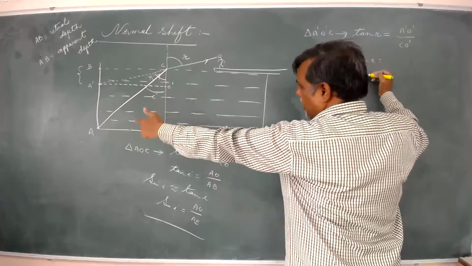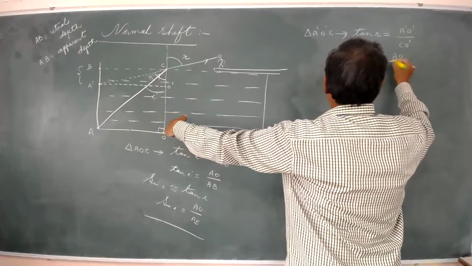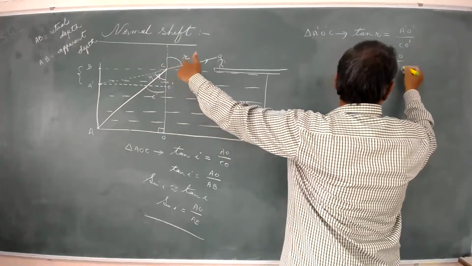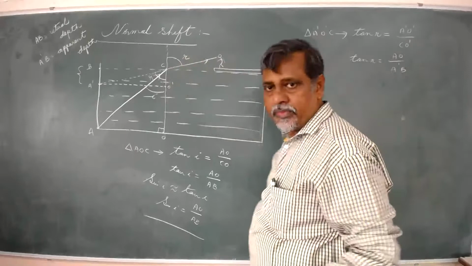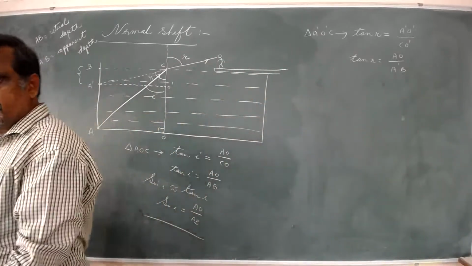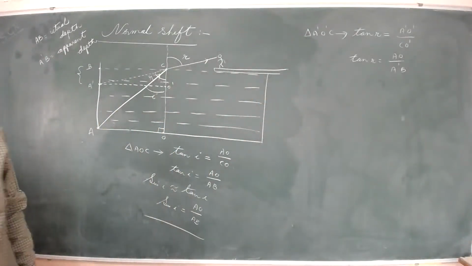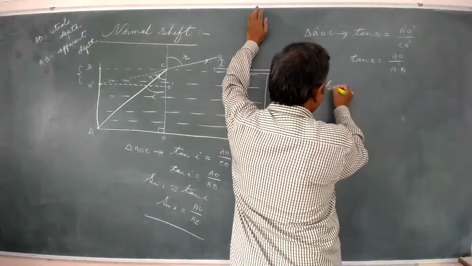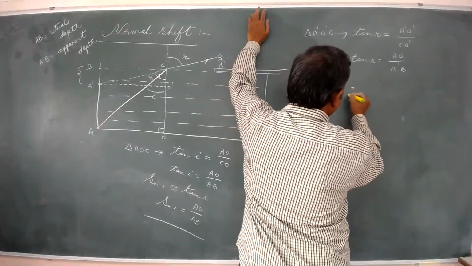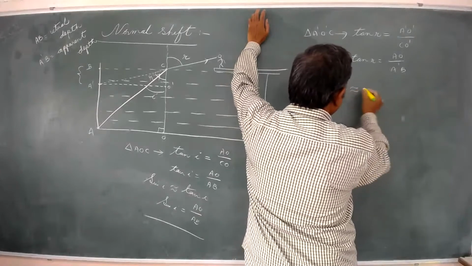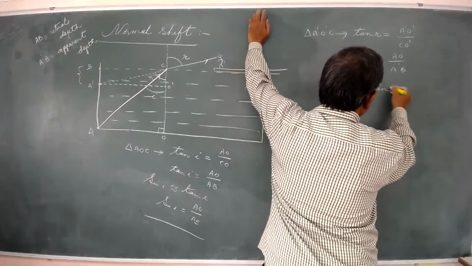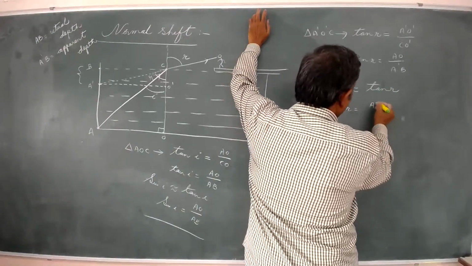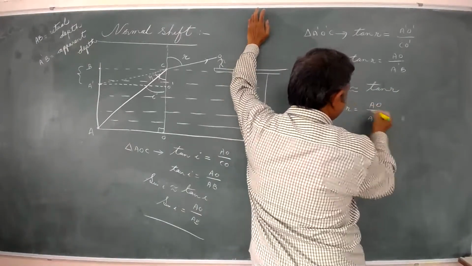A dash O dash will be AO, and CO dash will be A dash B. Understood? But since R is too small, tan R and sin R are taken as equivalent. So sin R in this particular case is AO by A dash B.